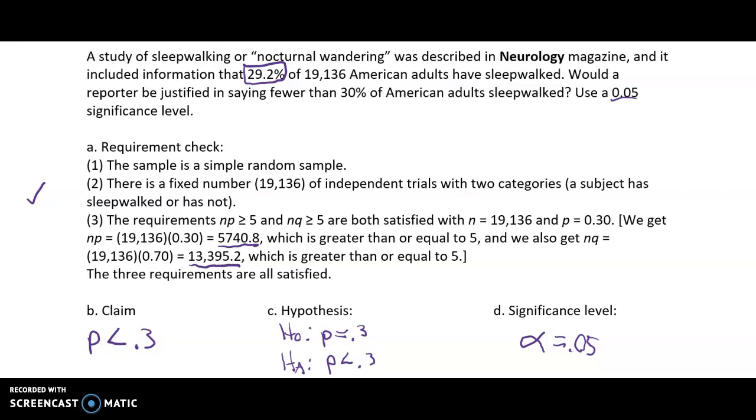So we need to find our value of X. To do that, we take 19,136 and multiply it by 29.2%, which is the same as 0.292. Remember, we don't use percentages in calculations, we change them to decimals. So go ahead and multiply. We get 5587.7. We could only use integer values, so that rounds to 5,588.